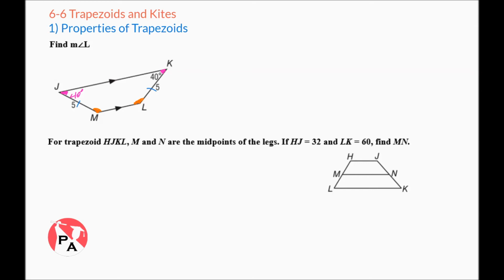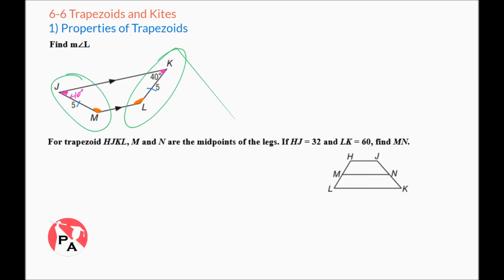Now, there's two different ways to figure out the orange angles, by the way. The first one is using the property of having consecutive angles equal to 180 degrees. These two and these two, they should add up to 180 degrees.